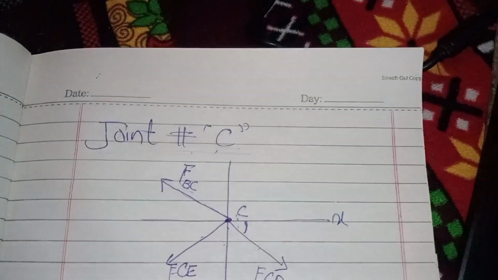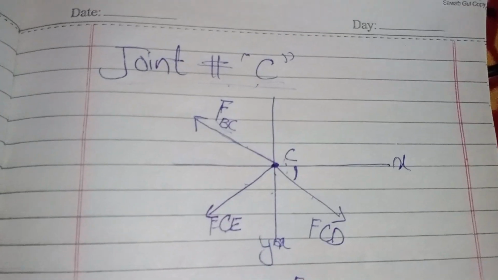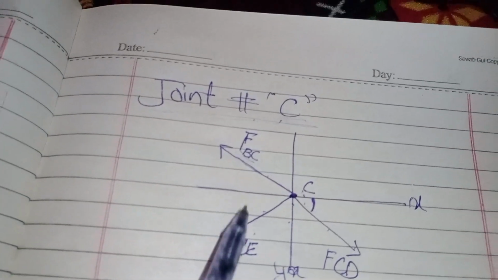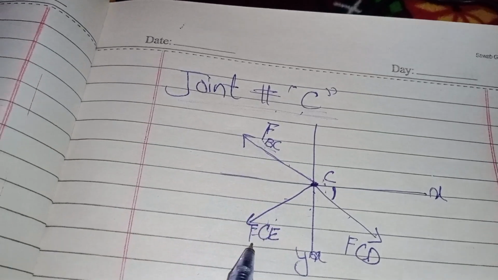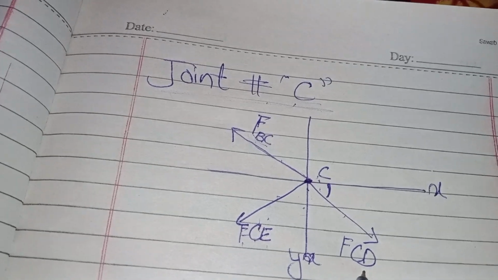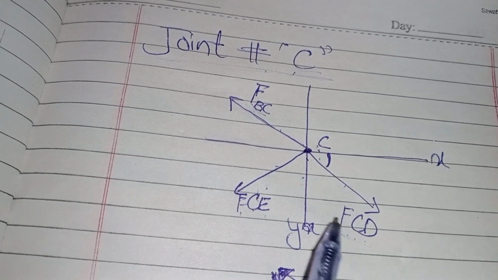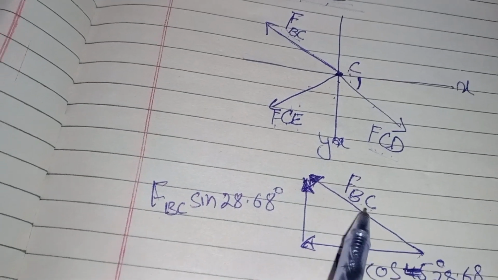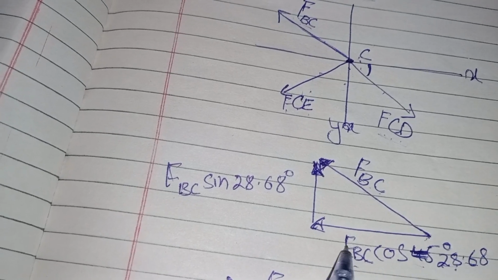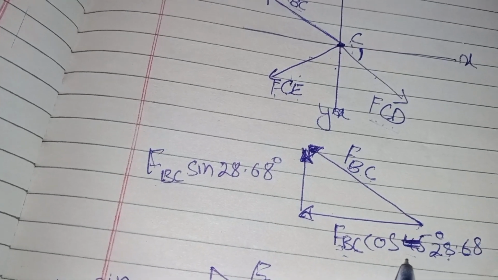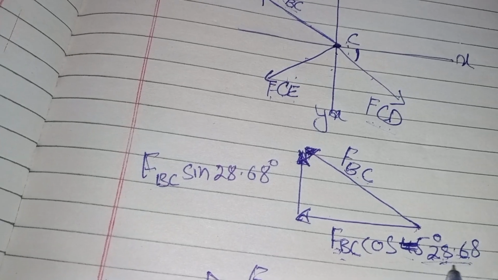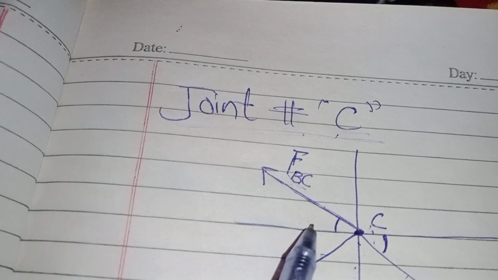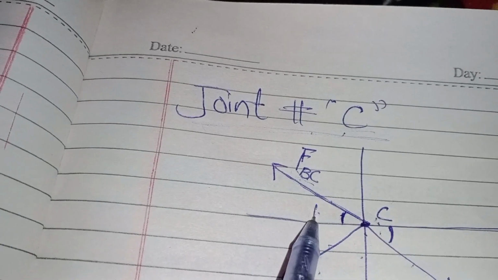Now I want to analyze joint C. At joint C, there are three forces in members: FBC, FCE, and FDC or CD. First, I resolve these forces into components. The horizontal component of FBC is FBC cos 28.68, where 28.68 is beta, because it makes angle beta with the horizontal x-axis.